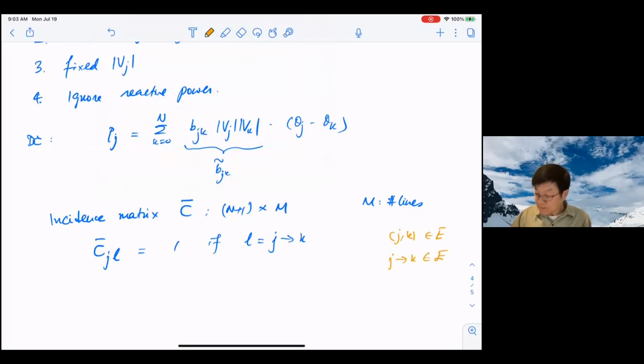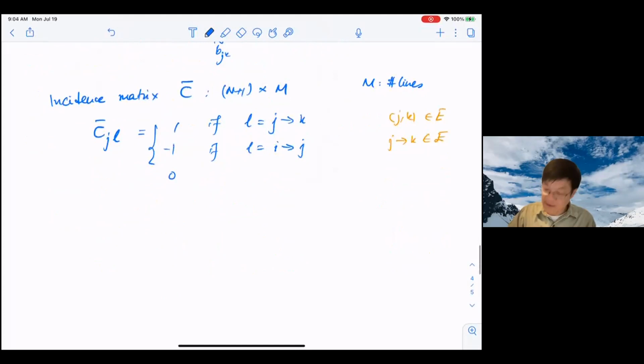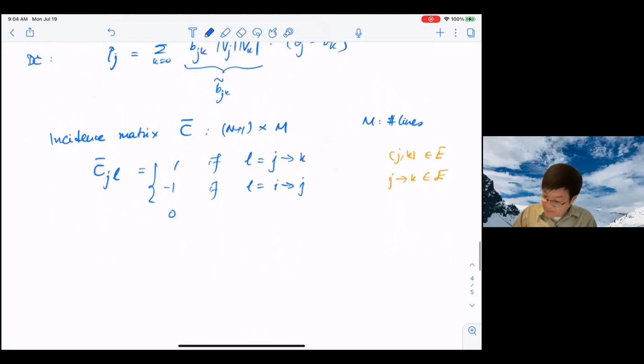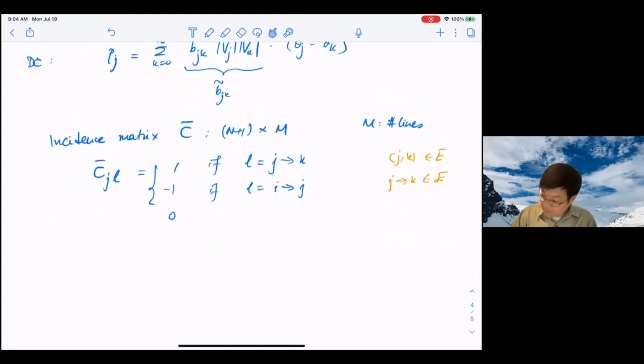Okay. Now, it's 1 if J is the outgoing node for line L, is -1 if J is the incoming node of the edge, and then 0 otherwise. Okay. So this is a standard incidence matrix of a graph, and in terms of this matrix, this can be written compactly as, so P bar, I use a bar to denote P0, P1, ..., Pn, n plus 1 of them.